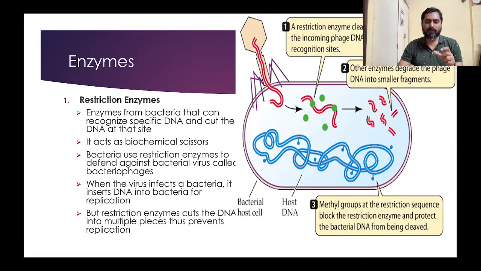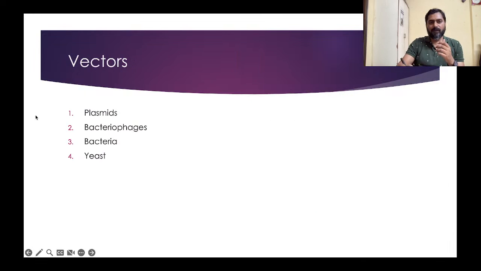For that purpose, we have enzymes. So what is the role of these enzymes? We'll see. But before that, we need to understand why we are able to transfer some genes from some organisms to another organism. So we also need to understand the principle of biotechnology.